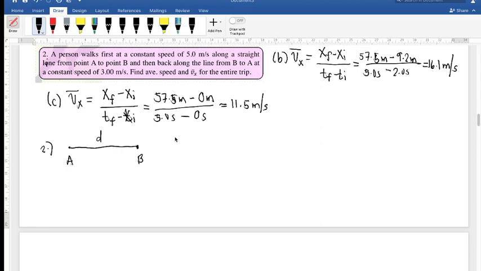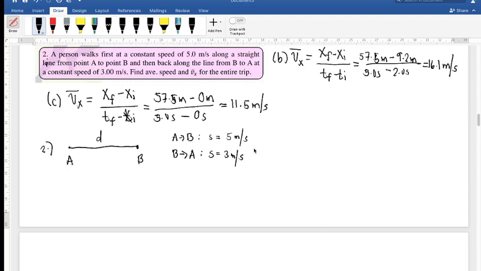So for the from A to B, yung speed mo, I will just denote it by letter S, is actually 5 meters per second. So ito yung from A to B. Now, from B to A, so pabalik na siya sa starting point niya, that is 3 meter per second.